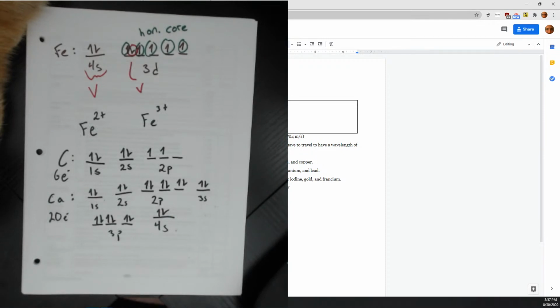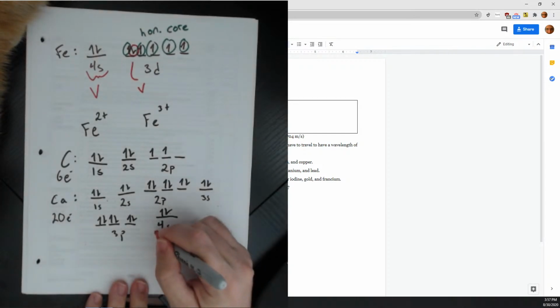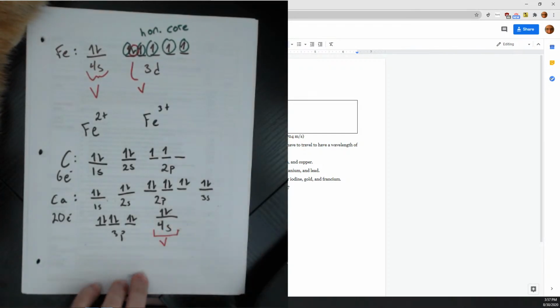All right. So that is the orbital filling diagram of calcium. Just a quick reminder. Those are the valence electrons. Just those, the 4s electrons.